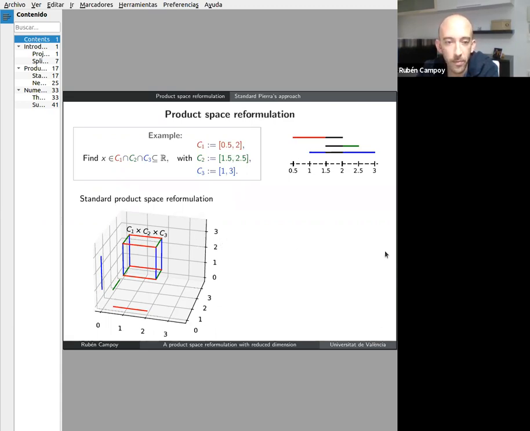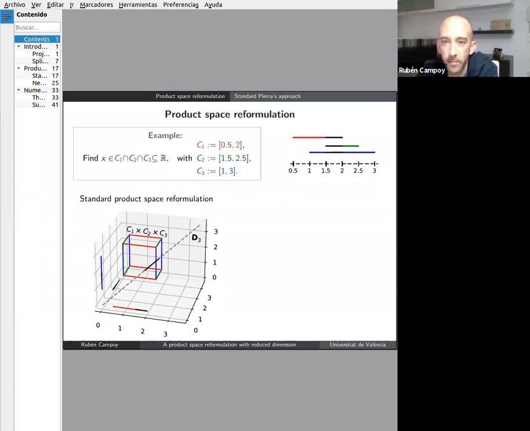And the other set for the problem would be the diagonal, this subspace here. So in this two-set feasibility problem, we can find the intersection, this black segment here. And if we project onto one dimension, this recovers the intersection of the original sets.